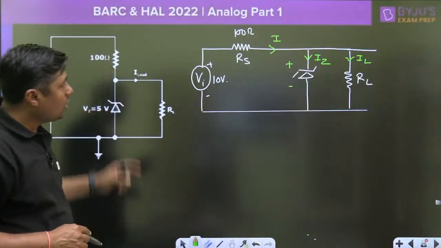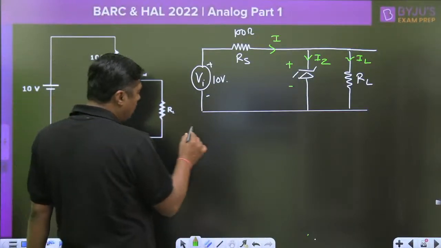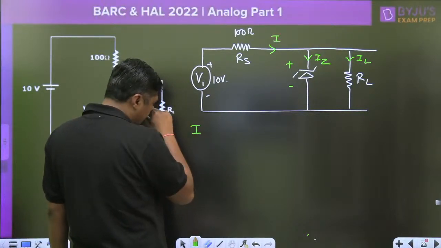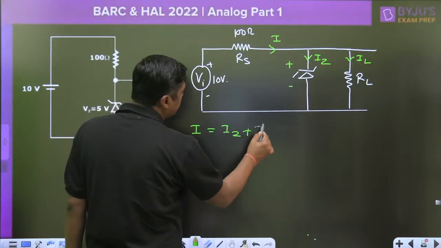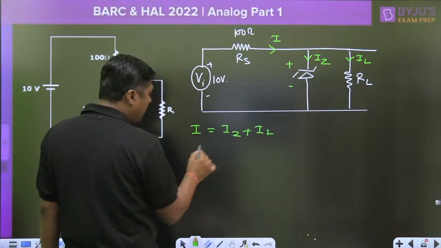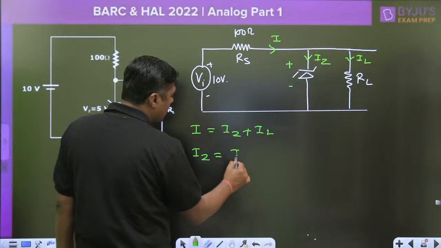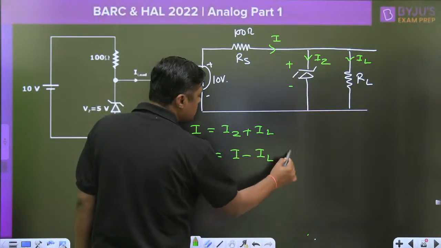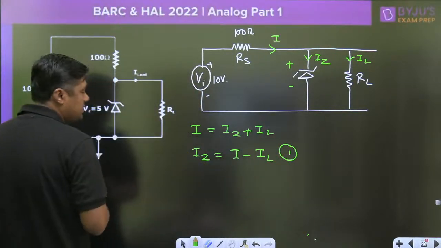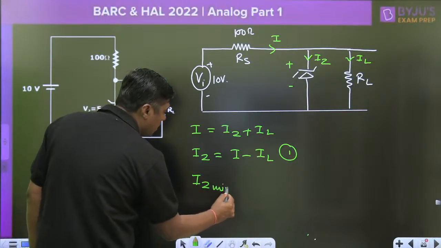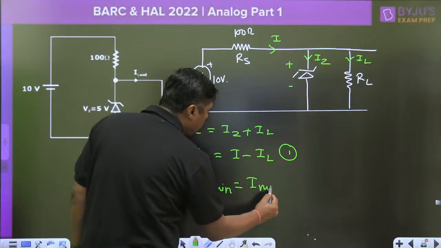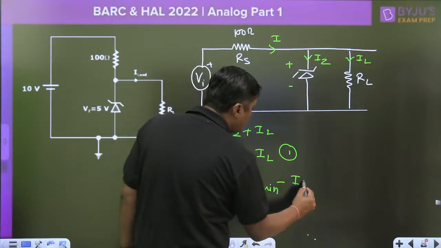First of all, always remember there are two formulas. I is equal to IZ plus IL, but you have to find the IZ. What is IZ? I minus IL. This is a very, very important equation. So what is IZ minimum? IZ minimum is equal to I minimum minus IL maximum.